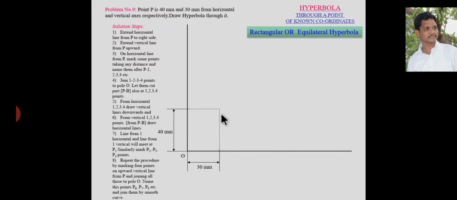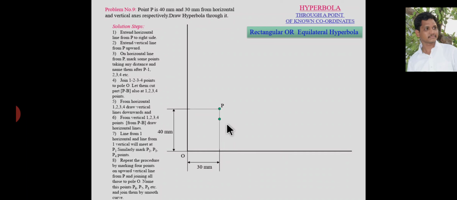The corresponding intersecting point is named as point P. So this is our required point P at a distance of 40 mm from the x-axis and 30 mm from the y-axis.